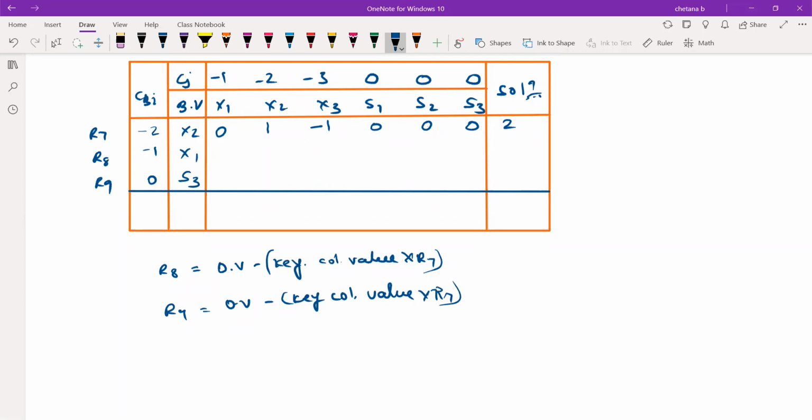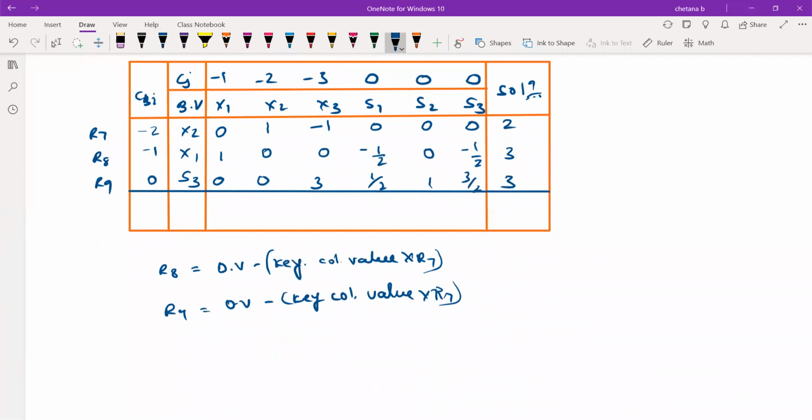By doing that, you will get all these values: 1, 0, 0, -1/2, 0, -1/2, 3, 0, 0, 3, 1/2, 1, 3/2, 3.